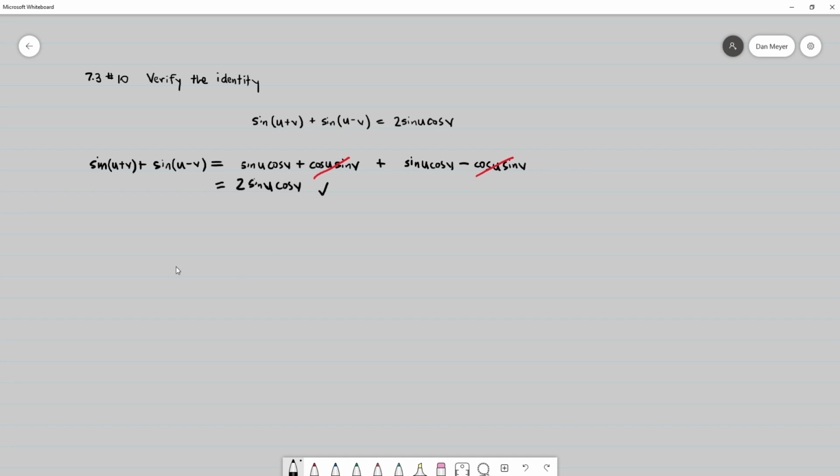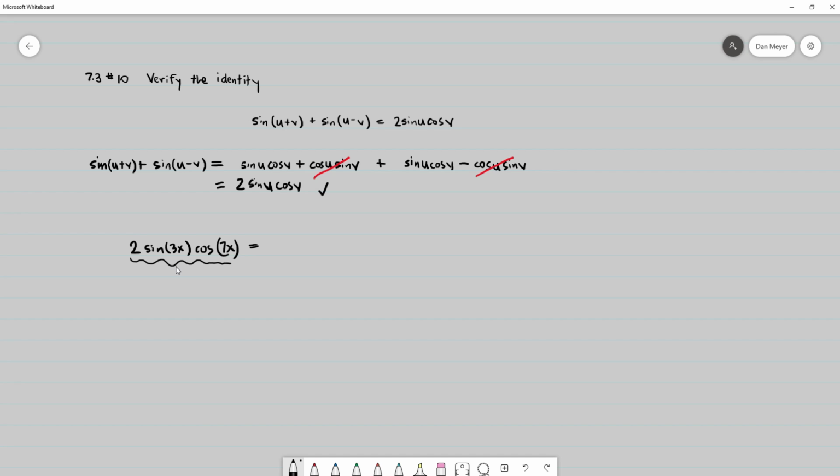So for instance, if we had something that looked like 2 sine of 3x cosine of x, or let's just make it interesting, cosine of 7x.